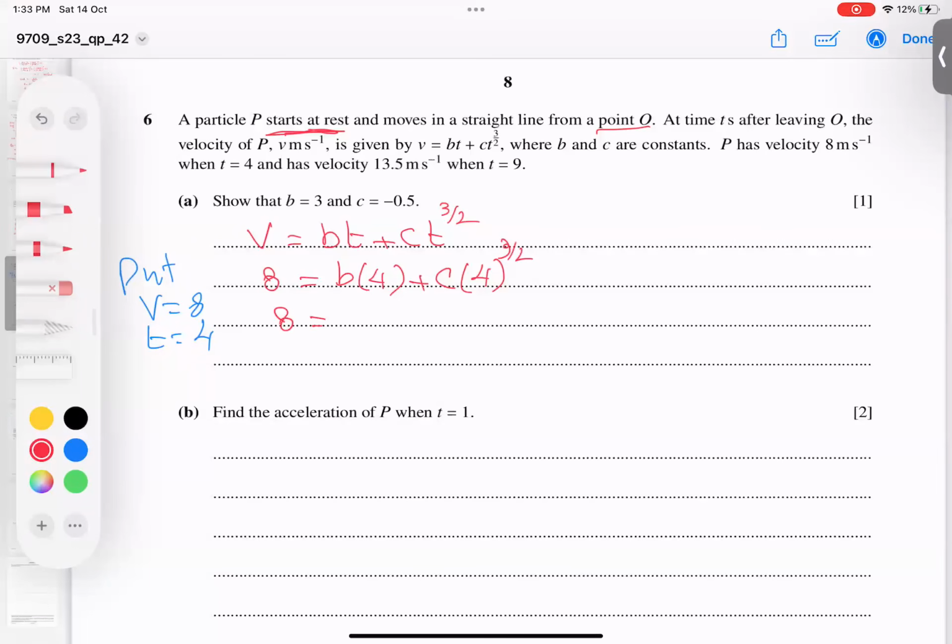So 8 equals 4B plus 8C. So I can divide the whole equation by 4, or you can just leave it, no problem at all. Dividing by 4: 4 twos are 8, 4 ones are 4, and 8C divided by 4 gives 2C. So this is a better form. So I got purely this equation.